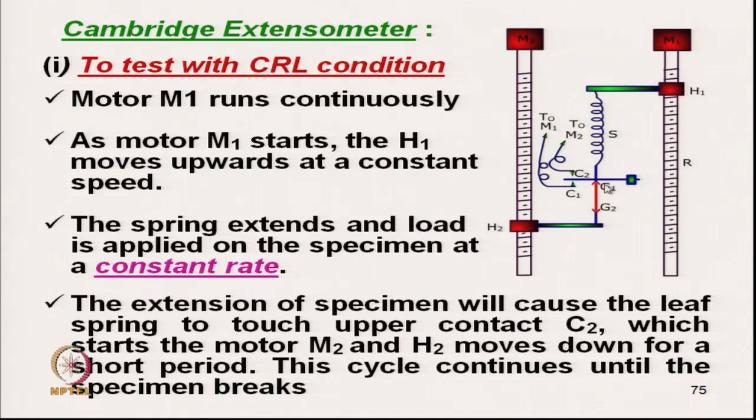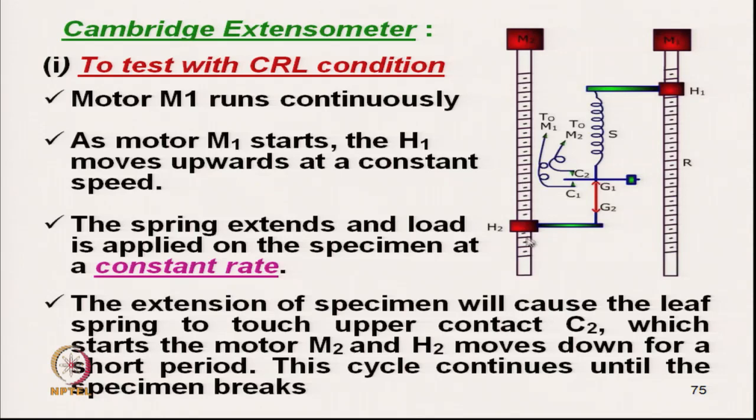As soon as there is a connection, it is touching, the motor M2 will get a signal and it will start moving downward. That means H2 will start moving downward, till there is a disconnection.